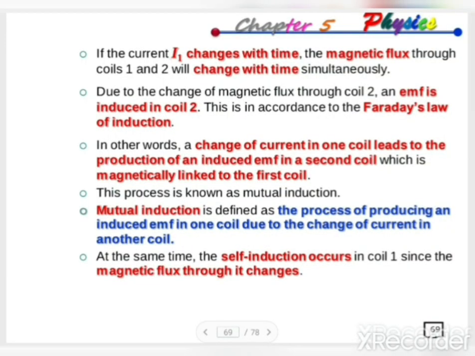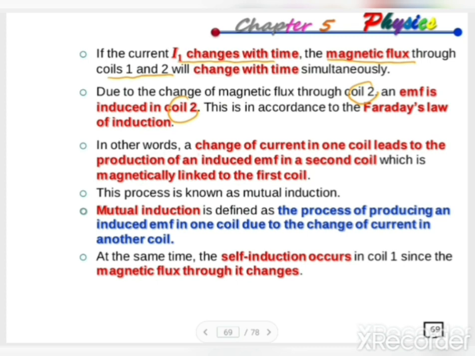If the current I1 changes with time, the magnetic flux through coil 1 and 2 will change with time simultaneously. Due to the change of magnetic flux through coil 2, an EMF is induced in coil 2. This is in accordance with Faraday's law of induction.